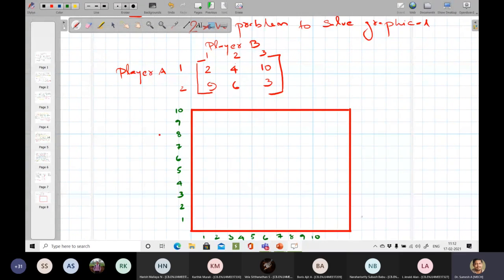That is sufficient. So this is 0, 1, 2, 3, 4, 5, 6, 7, 8, 9, and 10. Since the maximum value is 10, I am marking only up to 10. The graph on the top axis can still go further, but this graph will be limited to a search space up to 10.